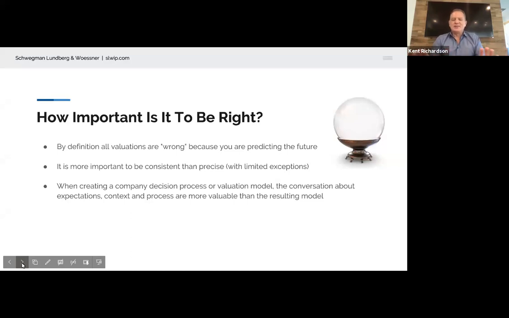But the point is not that they're supposed to be perfectly right. You have to understand why and how they came up with the valuation model. And then you have to come back and say, how are we going to get agreement around how we're doing this? So the idea that these are perfect is the wrong way to think about this.